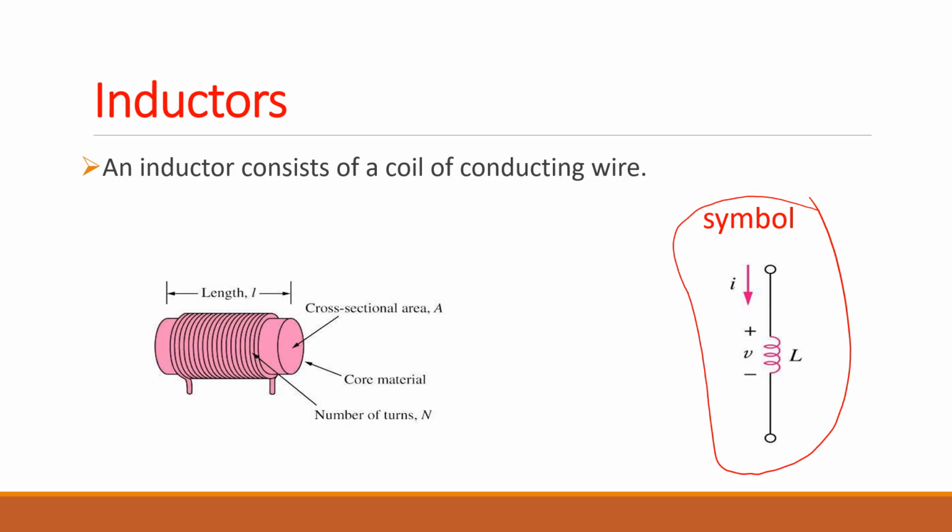So an inductor is again an energy storing device. So how does the inductor work? When you connect it to a voltage source, the conventional current is going like this. From physics you should have learned that when there is a current in a coil, that will produce a magnetic field.